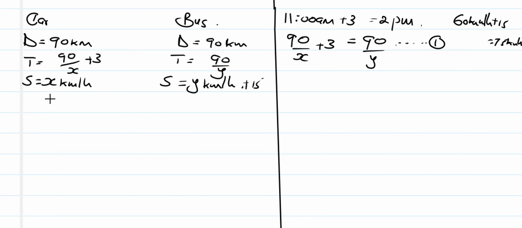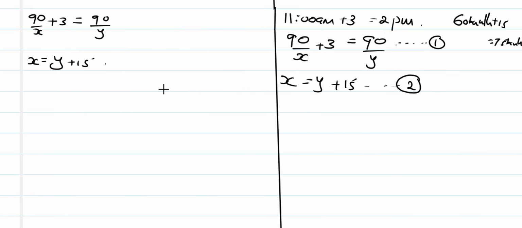So I would say x is the same as y plus 15. And this becomes our second equation: x is equal to y plus 15. So now you see we have the two simultaneous equations already.